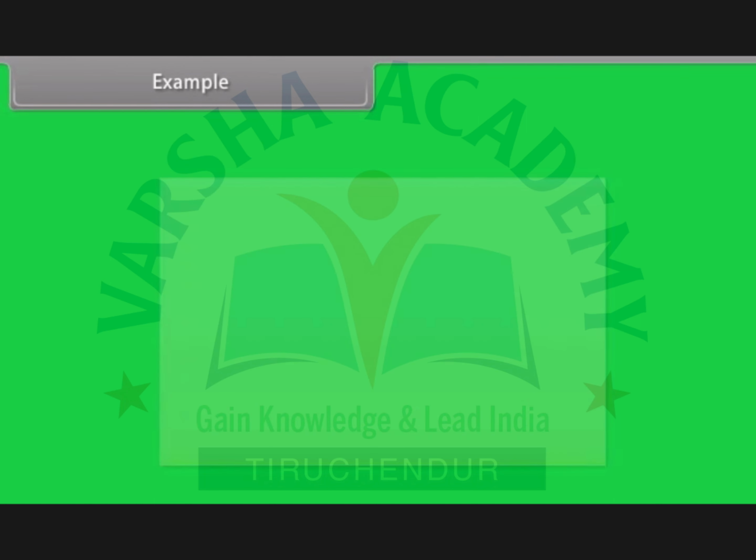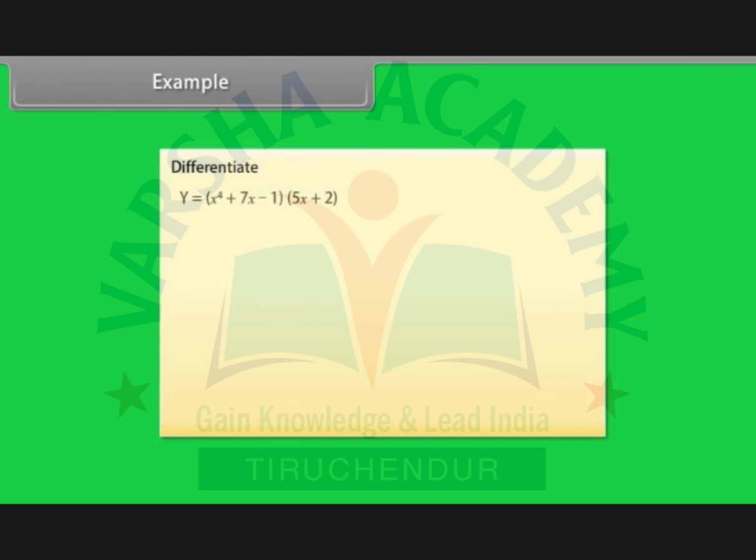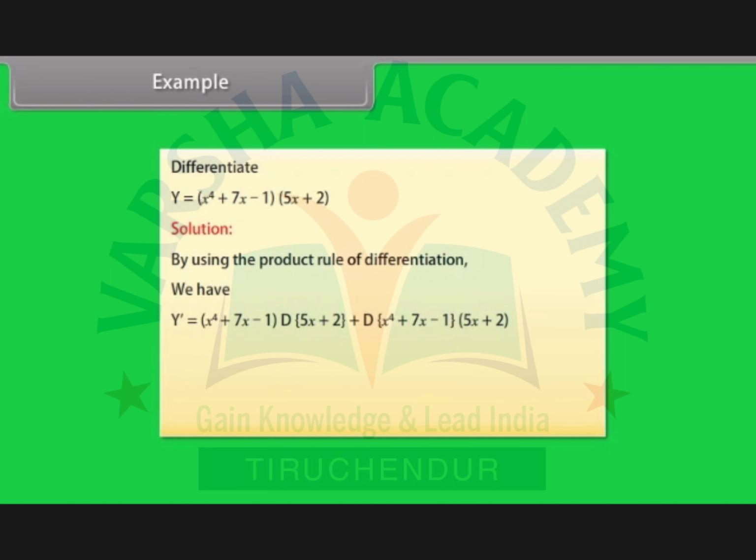Differentiate y is equal to x raised to power 4 plus 7x minus 1 into 5x plus 2. Solution. By using the product rule of differentiation, we have y dash is equal to x raised to power 4 plus 7x minus 1 into differentiation of 5x plus 2 plus differentiation of x raised to power 4 plus 7x minus 1 into 5x plus 2.